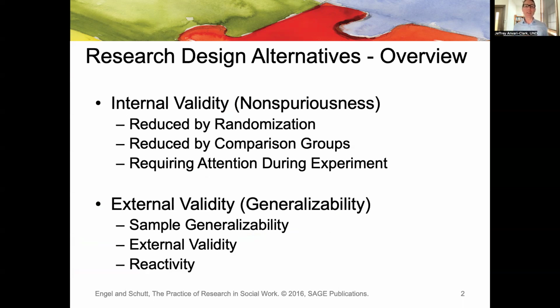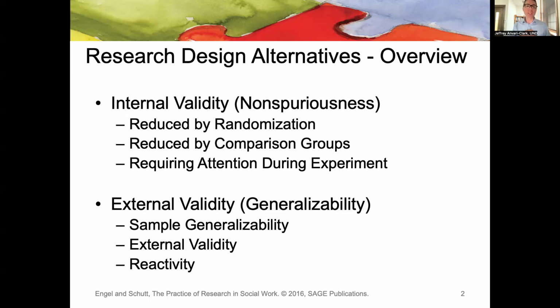With internal validity, we want to make sure that we do not have a spurious relationship, where we think we've got a relationship between two variables, but really there's something else going on. There's a third variable that's impacting. And so we address this through randomization and comparison groups and requiring people to participate in the whole duration of the experiment.